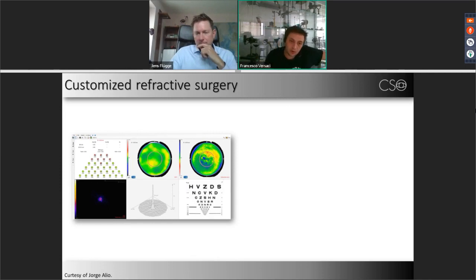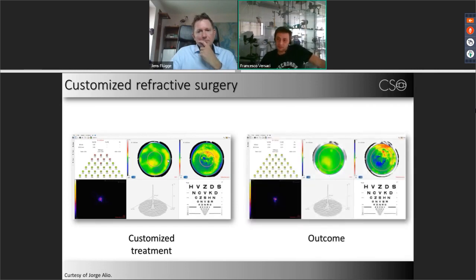So he decided to go in by removing those components for a customized treatment, and the treatment ended up like this. So you can see how similar the achieved outcome is with respect to the theoretical outcome of the device.